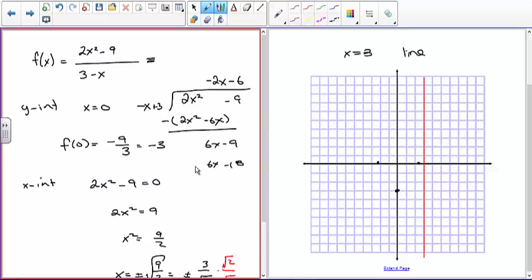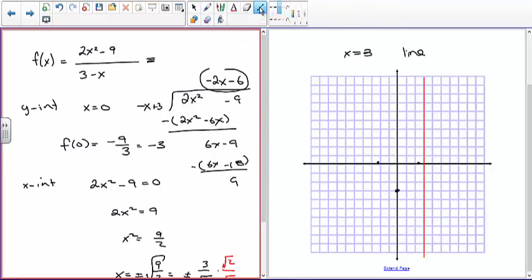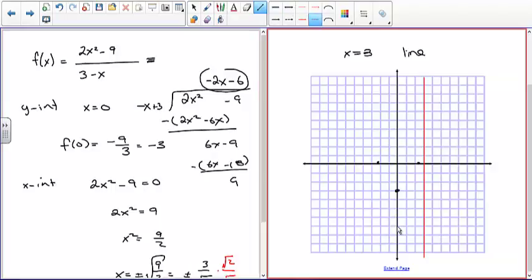And then we subtract that, so those cancel out, and you end up with 9 plus 18. So this is your slant asymptote. That's a line that intersects at minus 6 and has a slope of negative 2. So it goes something like this. Okay, so that's the slant asymptote.